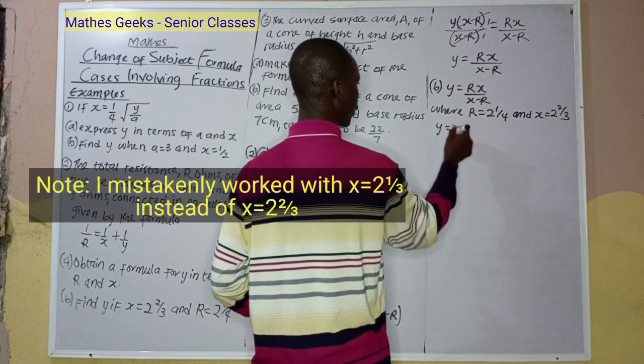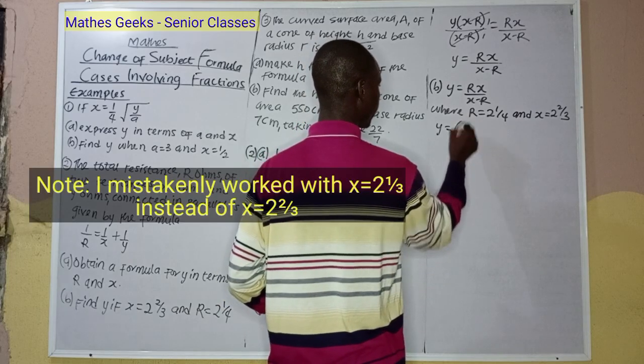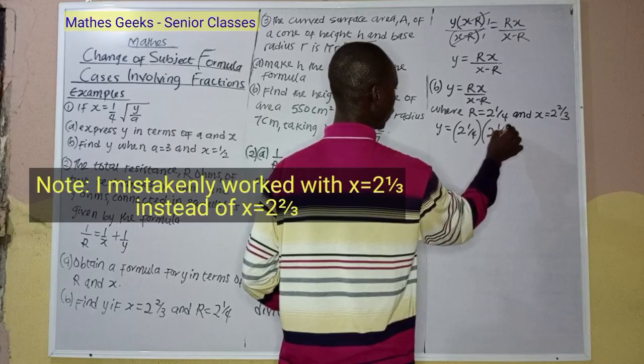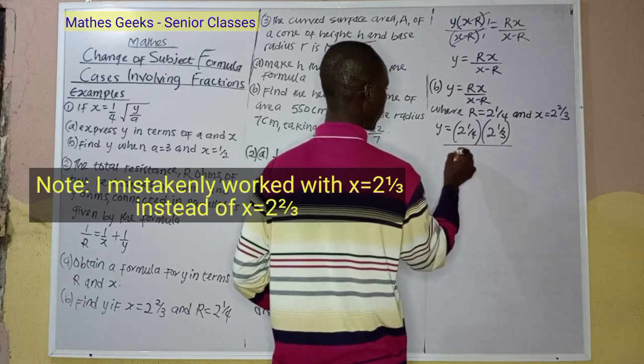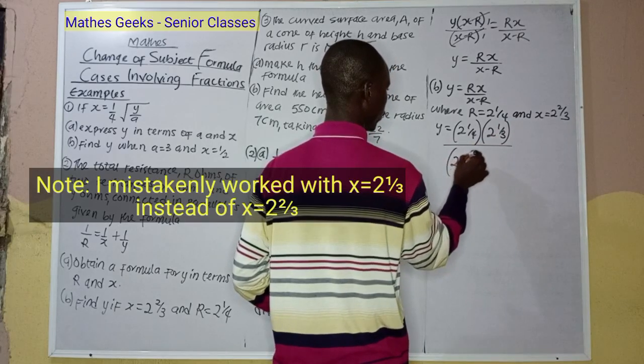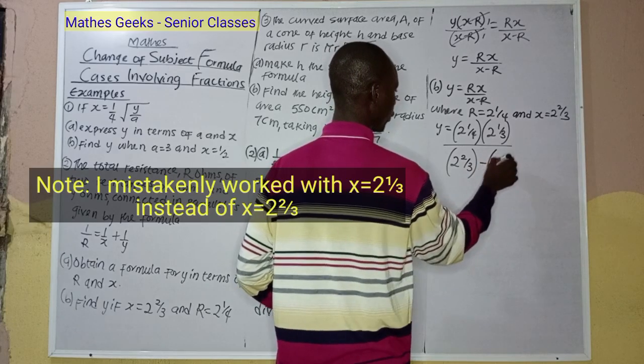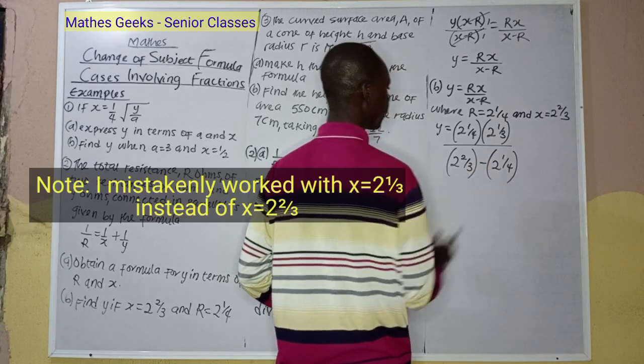So y is equal to r, which is 2 and 1 over 4, times 2 and 2 over 3, over x, 2 and 2 over 3, minus 2 and 1 over 4.